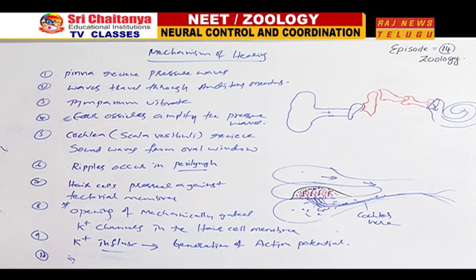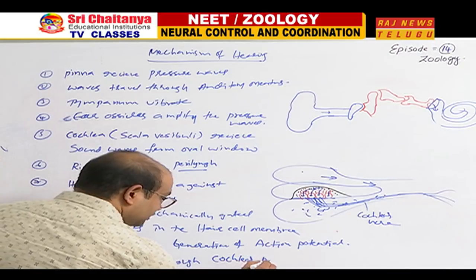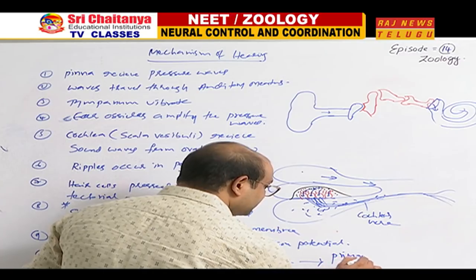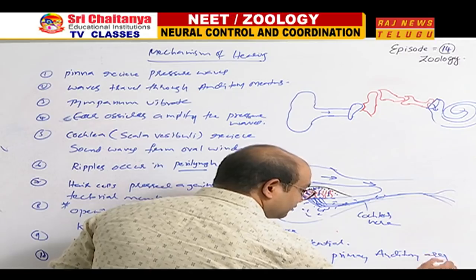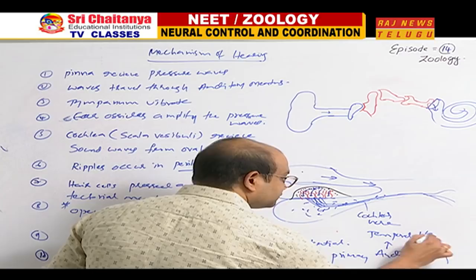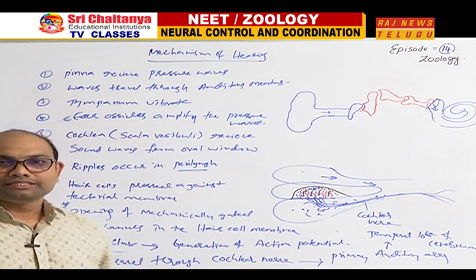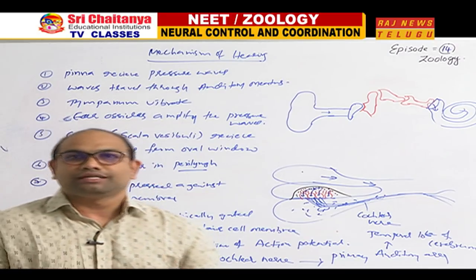From the hair cells, that action potential travels through the cochlear nerve, and the cochlear nerve will give the signal to the primary auditory area, which is present in our temporal lobe of the cerebrum. There, that sound signal is analyzed and we are able to recognize what kind of sound that is.